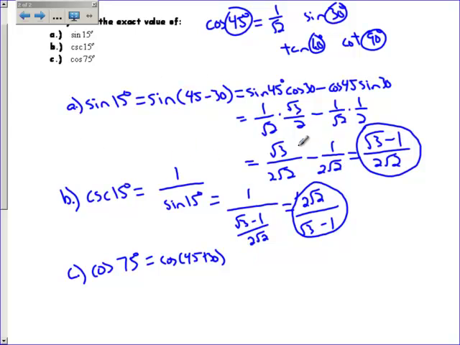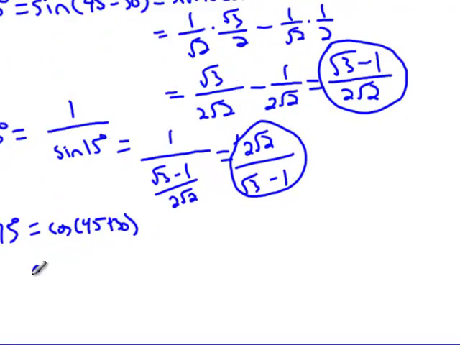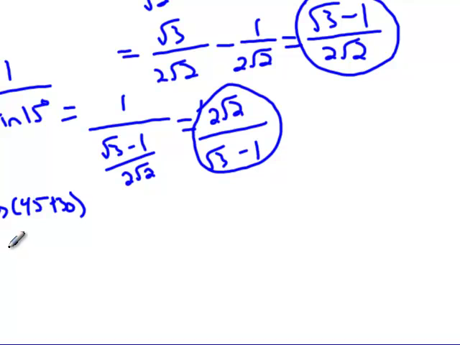But since I've already done the work in A, I'm going to see, can I write cosine of 75 in terms of sine? Are sine and cosine related at all from that formula chart? Let's see. They are co-functions of each other. The cosine of theta equals the sine of 90 minus theta.